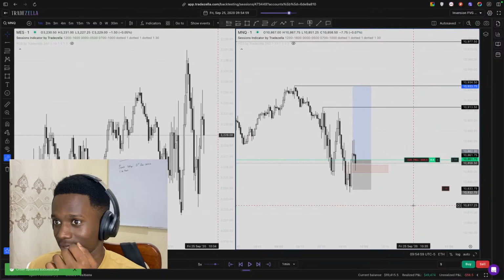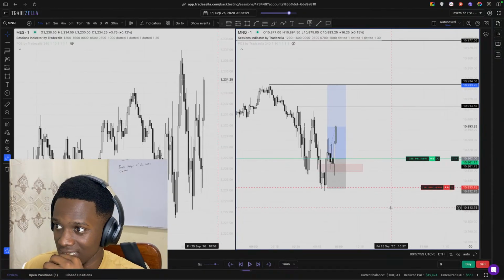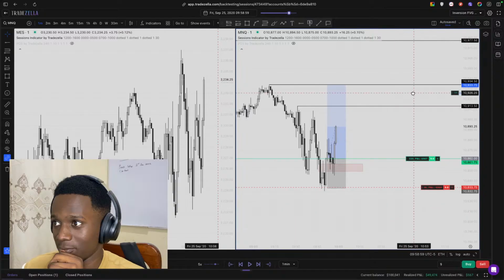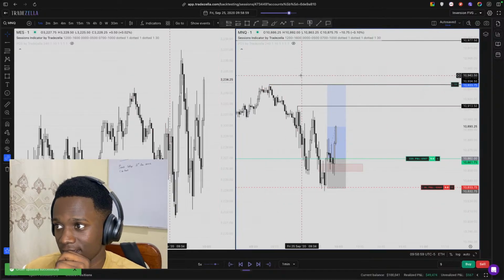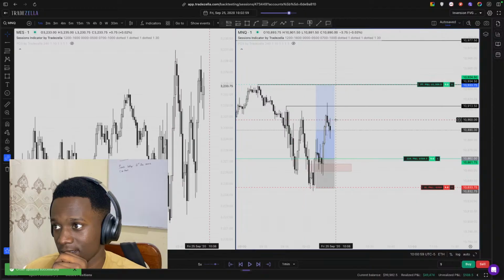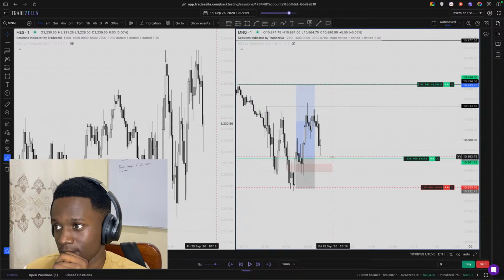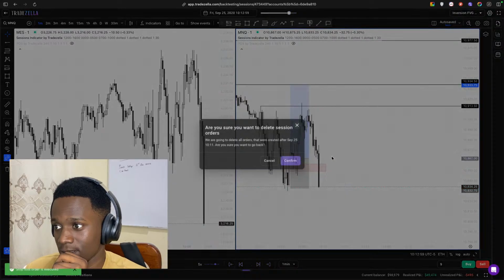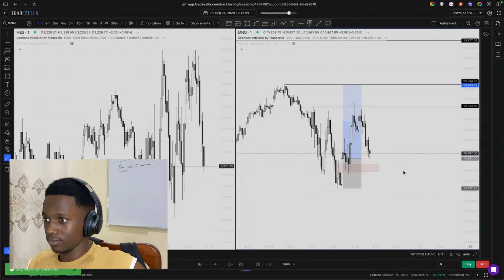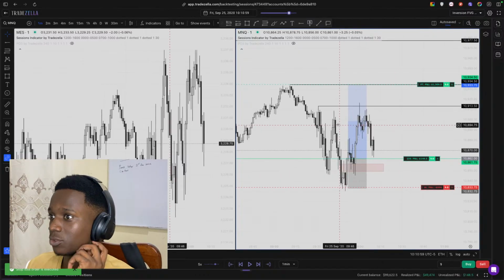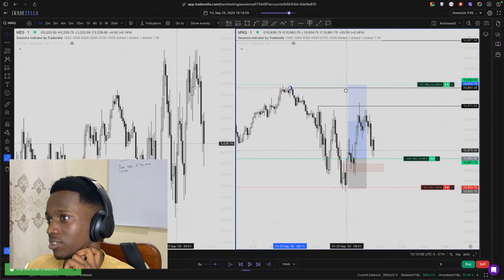Oopsies, looks like we're gonna get stopped out. Okay, very beautiful breakout. So we should have closed at the 930 high, because it's the most obvious liquidity target.